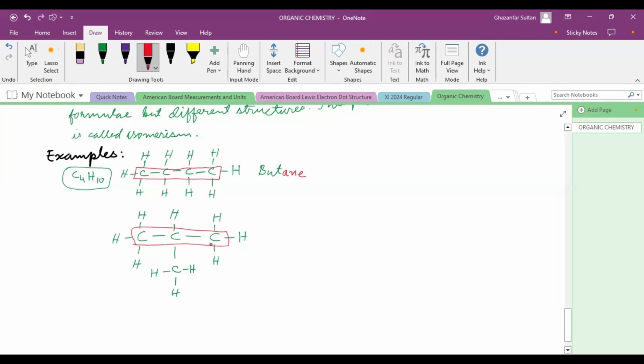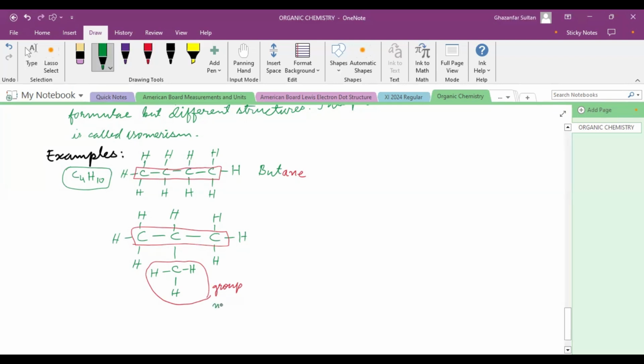So in parent chain, there are 3 carbon atoms. This is the chain of 3 carbon atoms. But anything that is other than the chain is called group. Sometimes it is functional group, and here it is just an alkyl group. And this group contains 1 carbon atom.